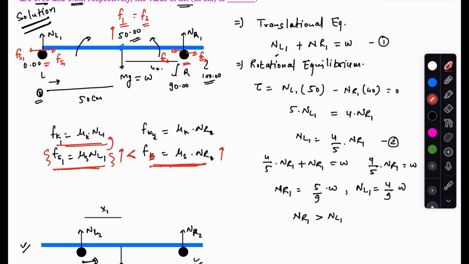The question is why the first finger, the left finger, will slide, not the right. Of course, by intuition we can say, okay sir, this is going to slide because the normal here is lesser, but mathematically we also need to understand this. We gradually try to slide it, so we are increasing the force of application on the fingers, and because of that the opposing friction will also increase.